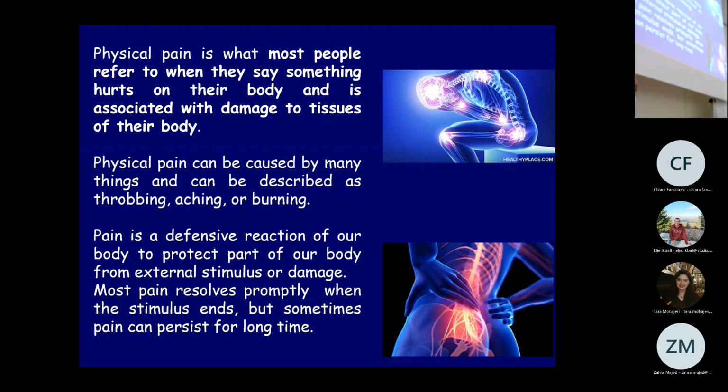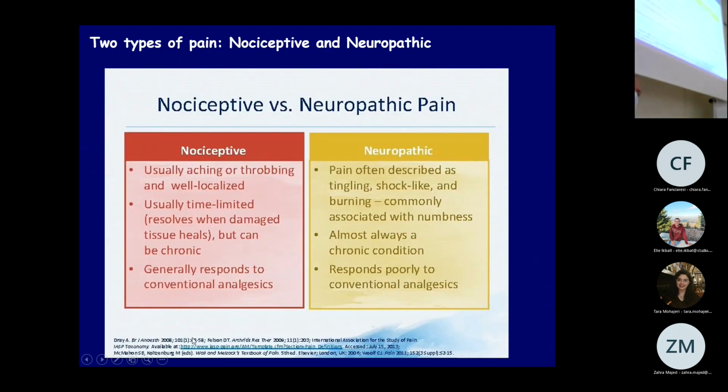Most pain resolves promptly when the stimulus ends, but sometimes can persist. In particular, we have two types of pain. Nociceptive pain and neuropathic pain. Nociceptive is the most common pain. Usually itching or throbbing and well localized, okay. Time limited, but sometimes can be chronic. But generally responds to conventional analgesics.